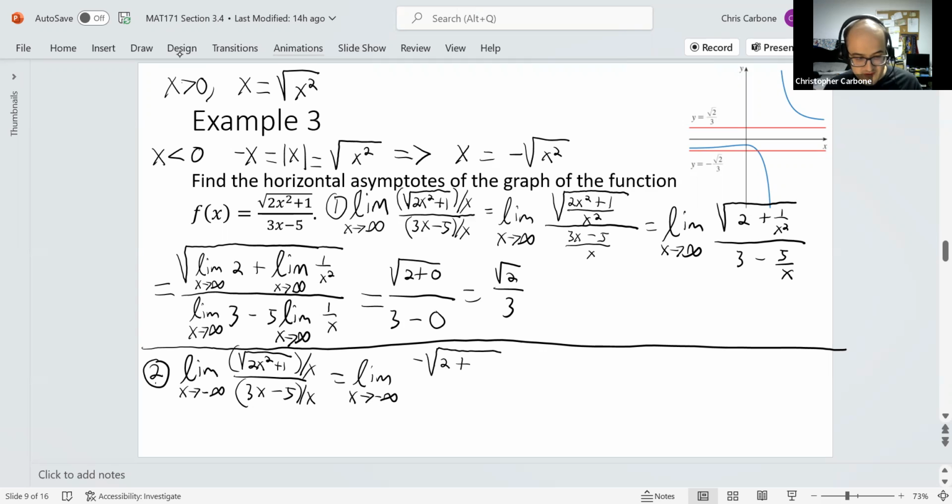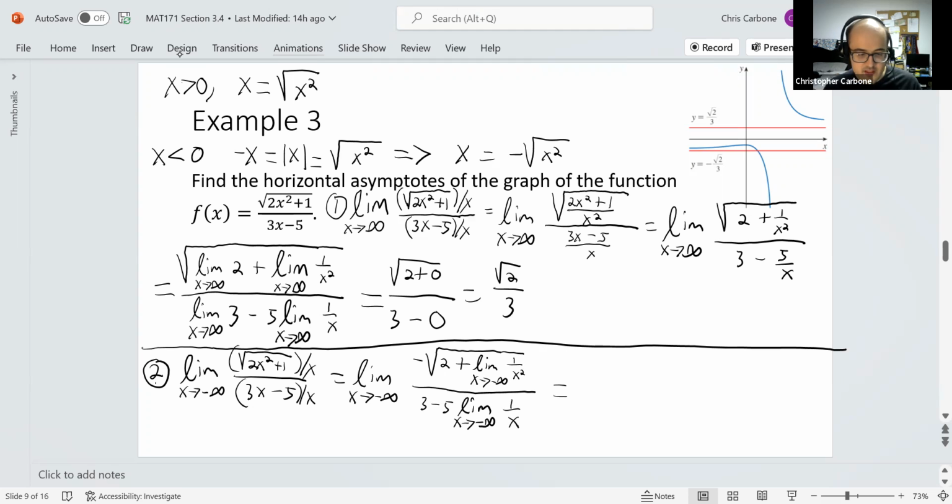It'll be the limit as x approaches negative infinity of the negative square root of 2 plus the limit as x approaches negative infinity of 1 over x squared, divided by 3 minus 5 times the limit as x approaches negative infinity of 1 over x.